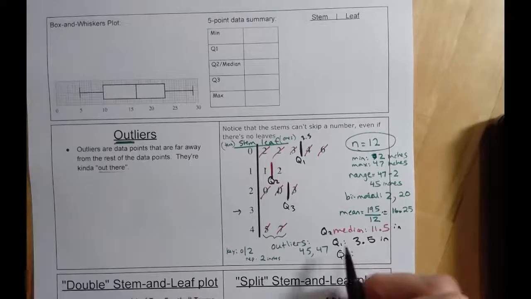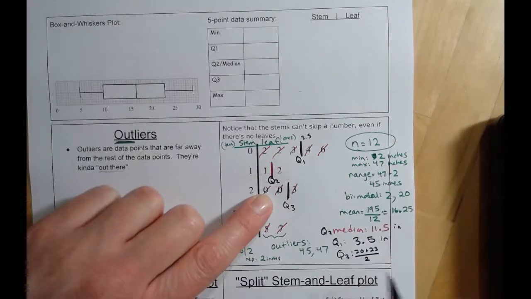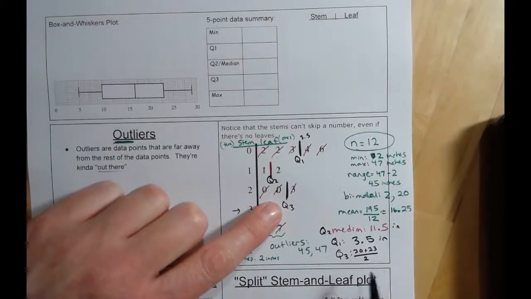But if you didn't know that, you could add 20 plus 23 and divide by 2 to find the mean or the average between those. You'd end up getting 43 over 2, which is 21.5. So there's my Q3, 21.5 inches.